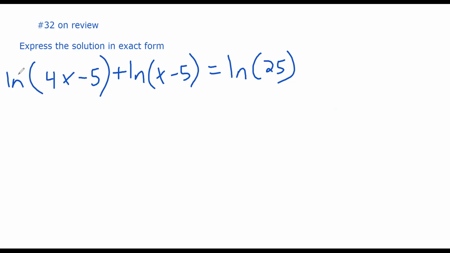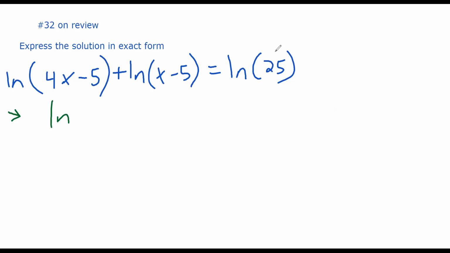There's a couple of strategies we can use. One of them is we have a natural log, a natural log, a natural log. Remember, a natural log is a logarithm with a base of e, where e is that very special constant in mathematics. Since these two logarithms have the same base, and we're adding outside of the logarithms, we can condense them into the same logarithmic house.